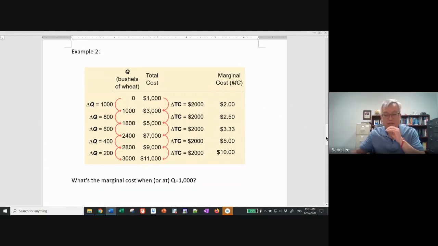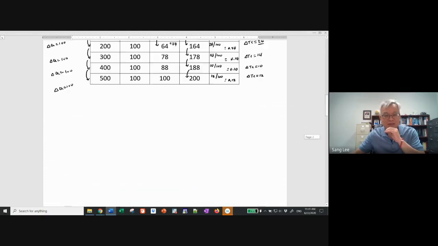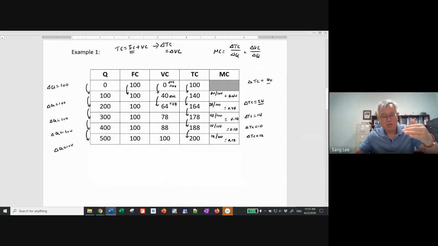Why? In the first example, each time output increased exactly by the same amount, 100, 100. So change in output was always equal to 100. Here, we just assumed output increases by 100 units each time, but that may not be realistic.